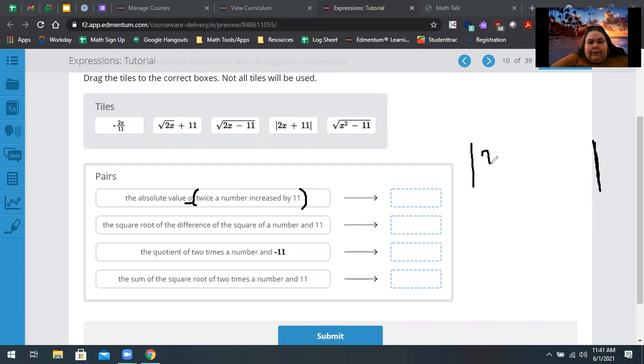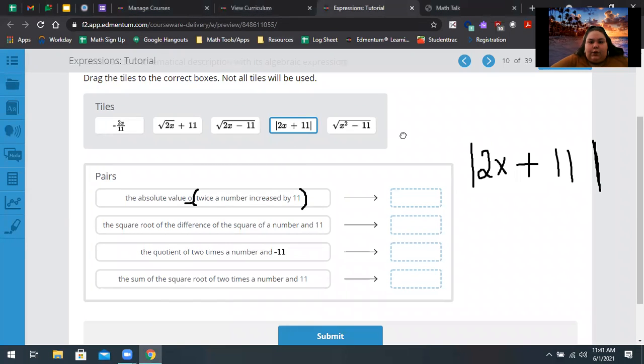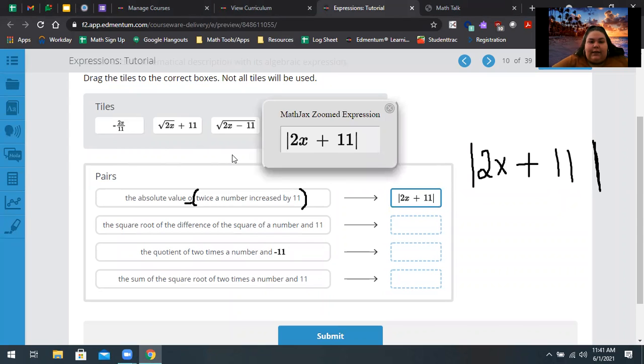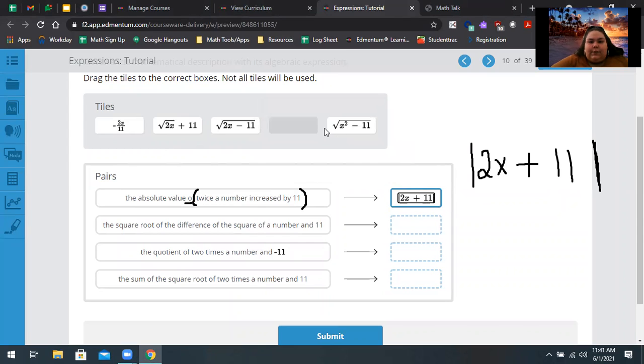So we have 2 times our number, which looks like it's representative of x. Twice a number, increase. If I want to increase something, the symbol is going to be plus. Increase is plus, by 11. So that matches this one right here. Also, if you do a process of elimination, that is your only expression that has absolute value symbols.